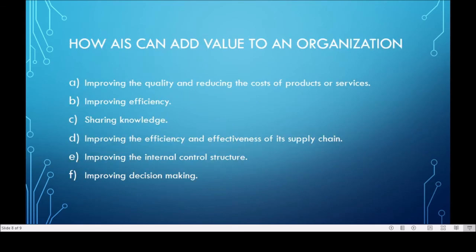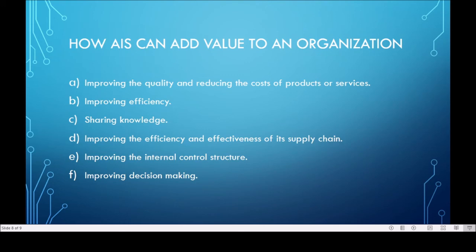How AIS can add value to an organization. AIS can add value to an organization because it improves the quality and reduces the cost of products or services.